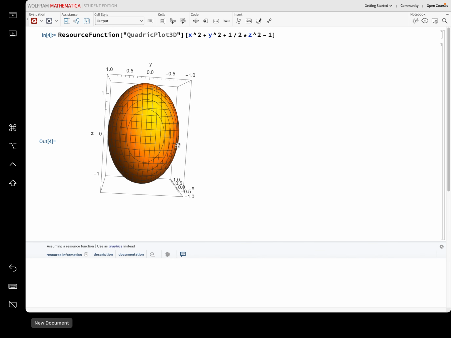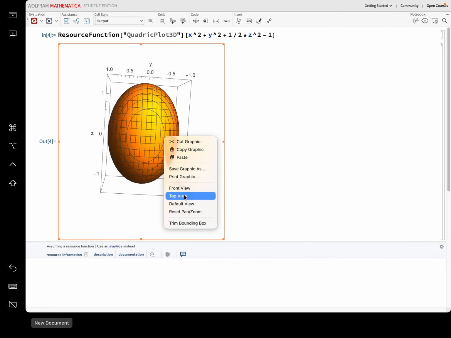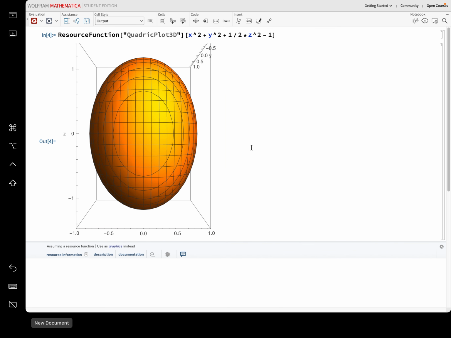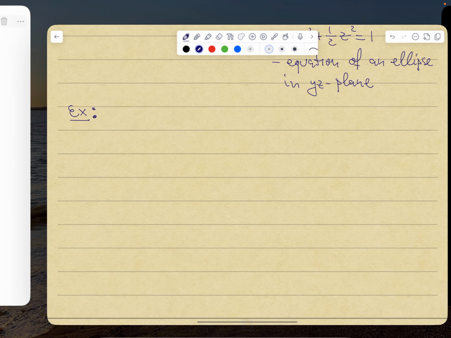Ellipses elongated along the z-axis. So our methodology seems to produce the right picture. Okay, let's move on to another example.